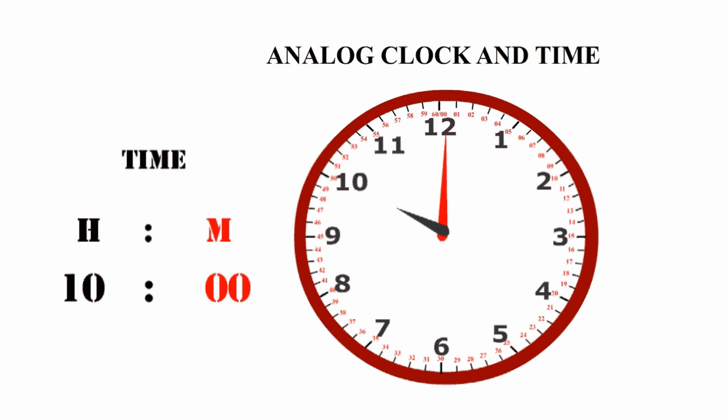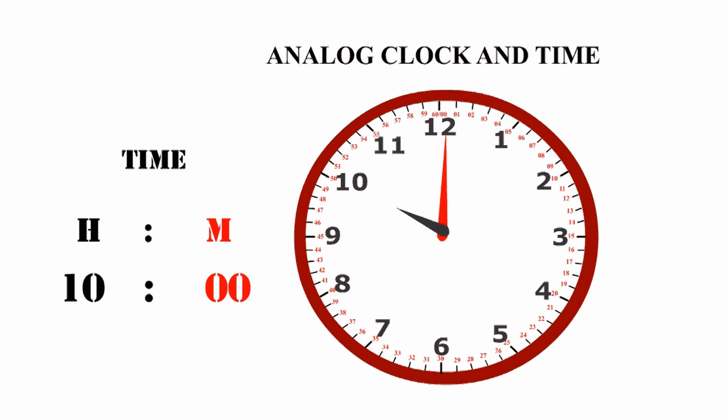Good. Now the problem is that the long hand is not always at 12. The long hand is usually pointing at other numbers. To make it easy for you, the long hand, which is the minute hand, is painted red, and the minutes are also numbered red.